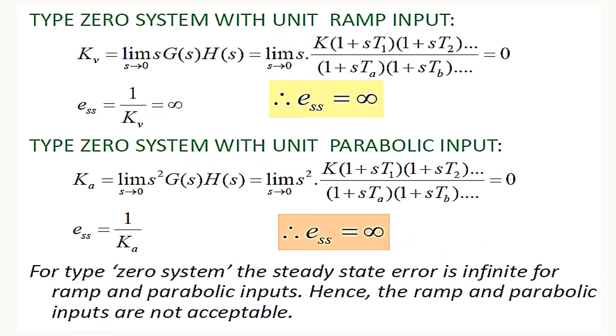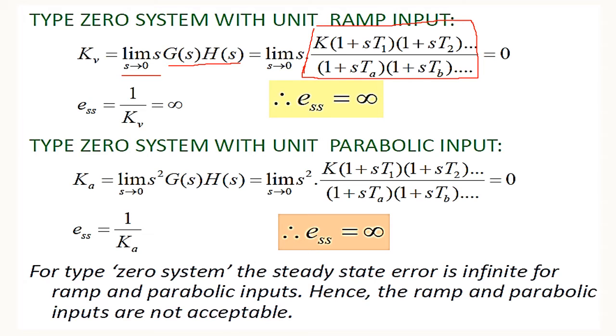If you take a type 0 system with unit ramp input, then Kv, the velocity error coefficient, is limit s tends to 0 of s G(s) H(s), where G(s) H(s) is the generalized function of any system.